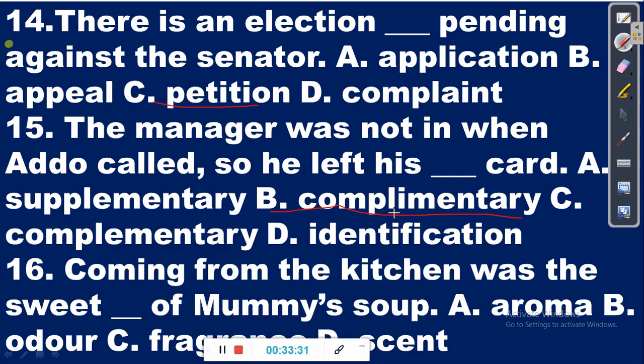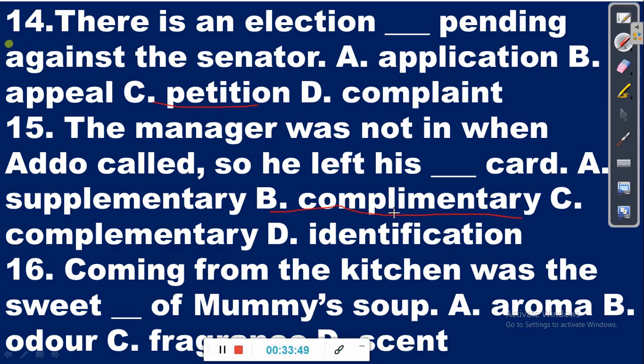And that's the kind of card you can leave with someone, especially someone you intend doing business with. So the manager was not in when Ado called in, so he left his complimentary card. That is the kind of card you can leave.